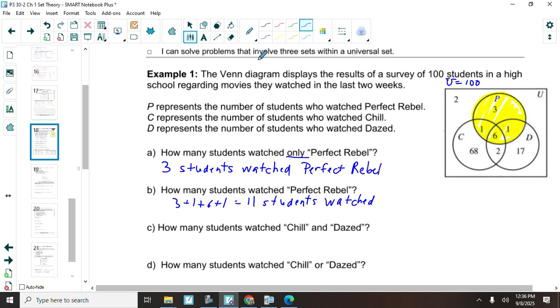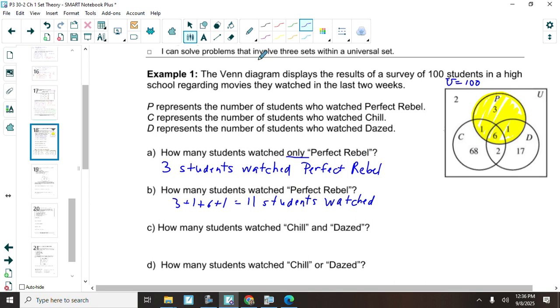Three students watched Perfect Rebel. Let's just add this. How is it grammatically correct? 3 students only watched Perfect Rebel. 3 students watched only Perfect Rebel. Where should we stick the only in this sentence? Because I left it out. I think we'll just mimic whatever the question asks.